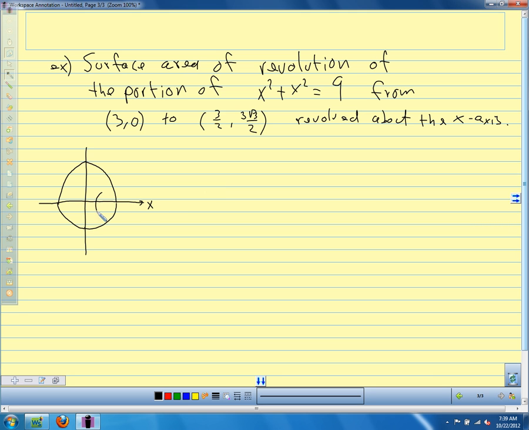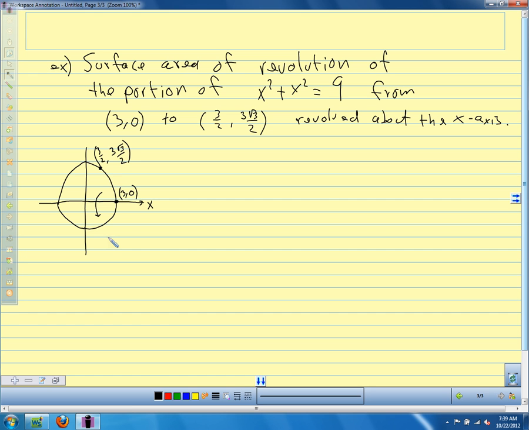So we're going from here, this is (3, 0), to up here at some point (3/2, 3 square root 3 over 2). So we just want to revolve this section about the x-axis, so we'll have a little kind of sideways bowl-shaped thing.